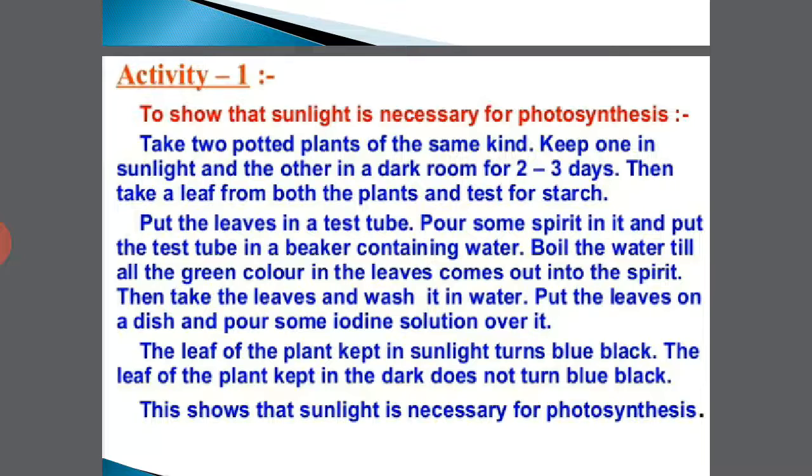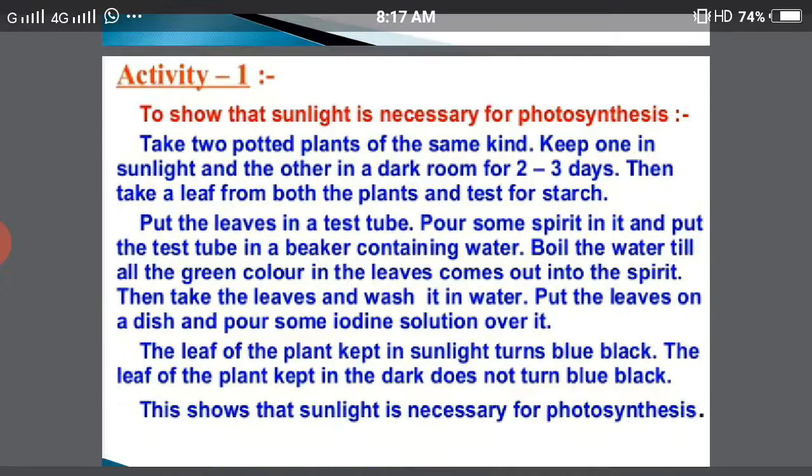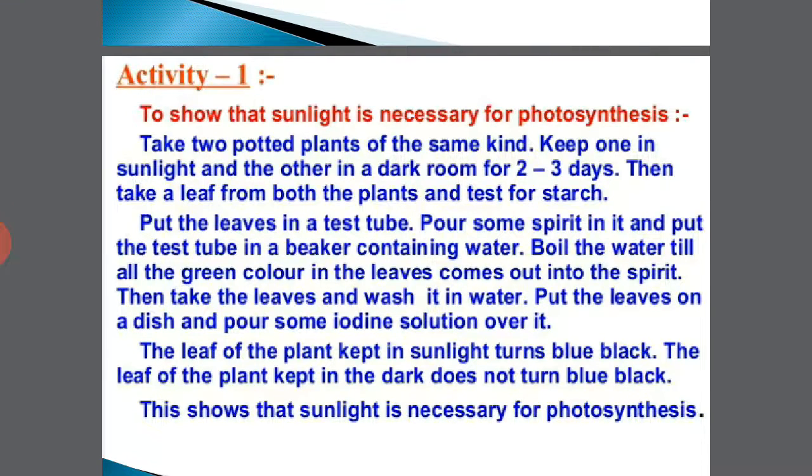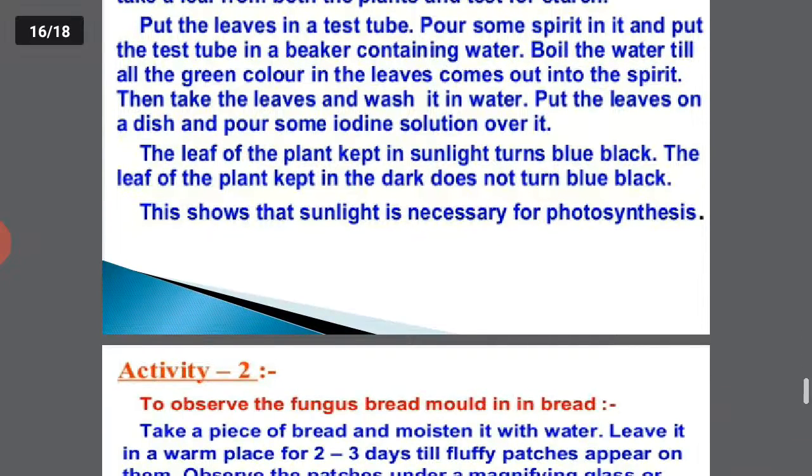This shows that the sunlight is necessary for the process of photosynthesis to take place. Okay. So, what is the outcome of this activity? If the leaves of the plant do not turn blue-black after doing this, that means it is not getting the proper amount of sunlight, which is necessary for the process of photosynthesis to take place.